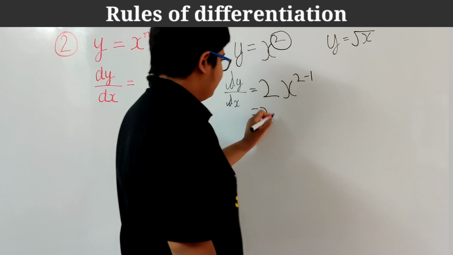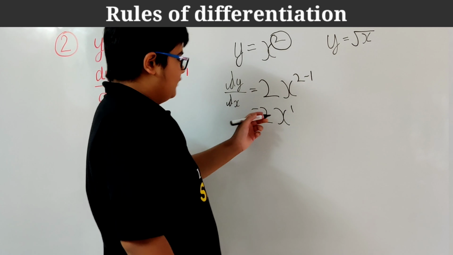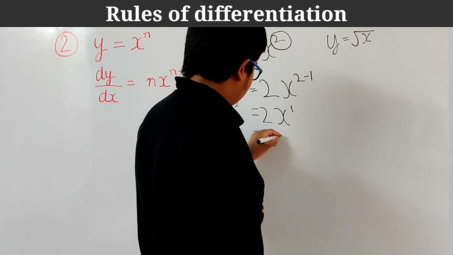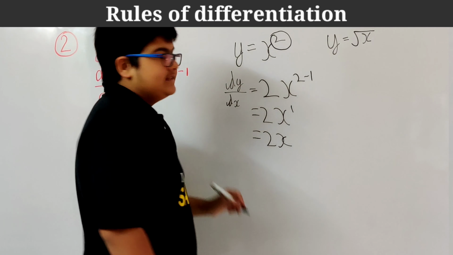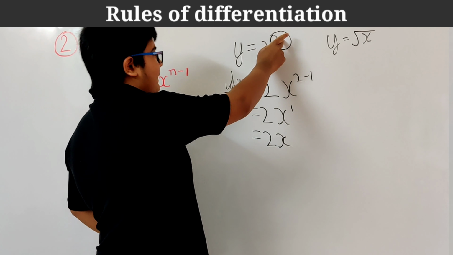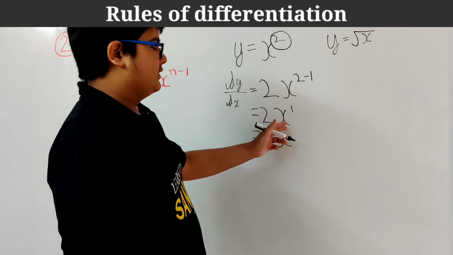So this will become 2x to the power 1. Now we know that 2x to the power 1 can also be written as 2x. In this, we brought the power forward, and in the power we subtracted 1 from it. So it became 2x to the power 1.